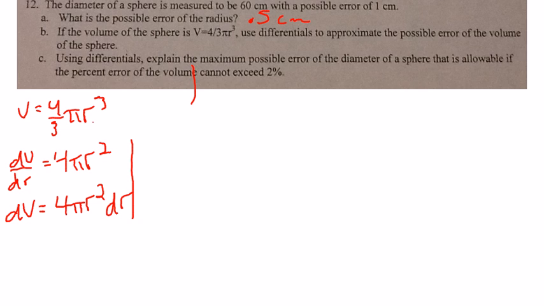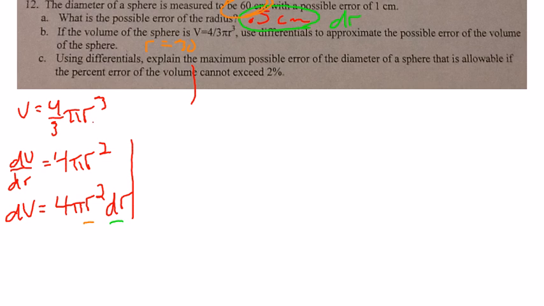So this is where I plug some values in. Possible error of the radius is this guy right here. That becomes my dr. So that's going to go in right here. And then the radius that I'm working with in this case is half of the 60 right there. So my radius in this case is equal to 30. So I'm going to plug that in here and here, and I'm going to get my dV.